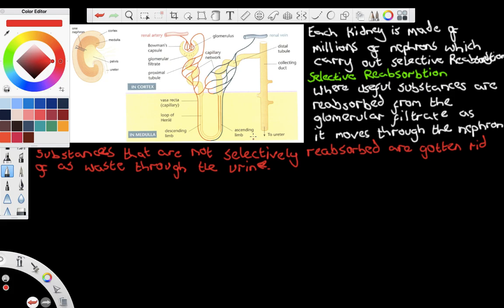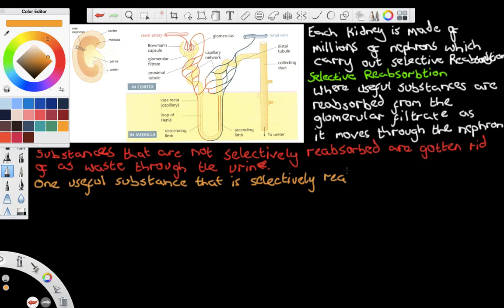Okay, so we can say that one useful substance that is selectively reabsorbed is water.